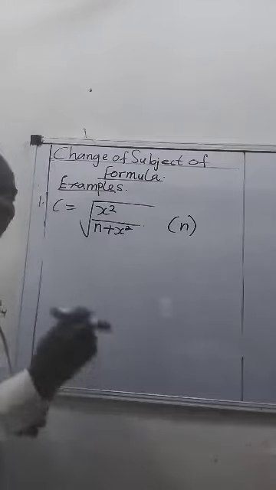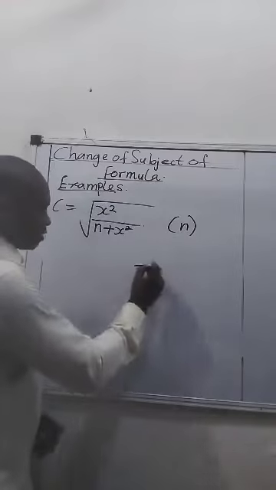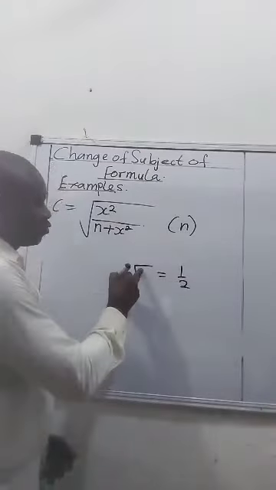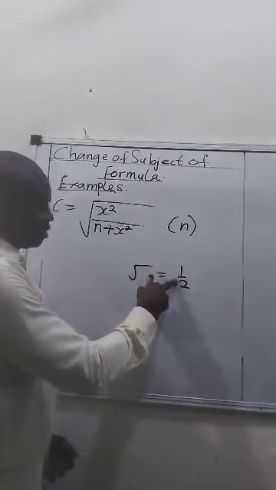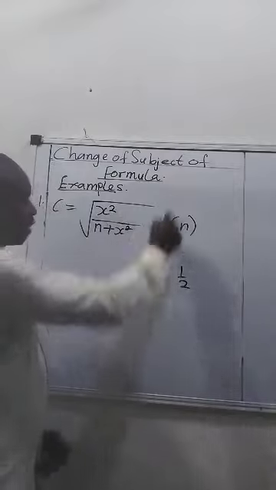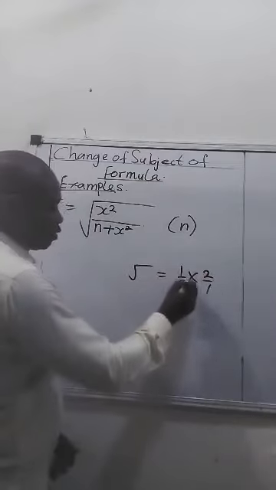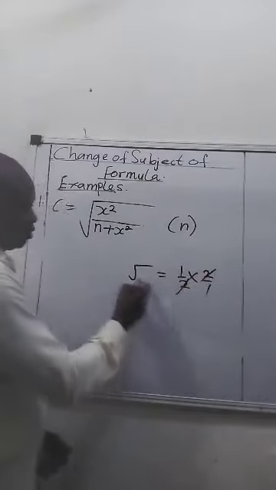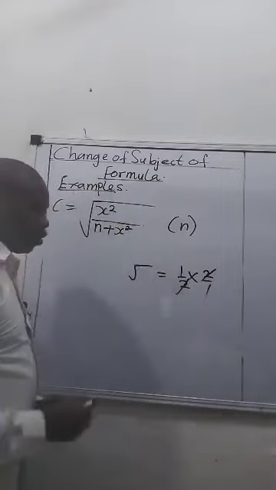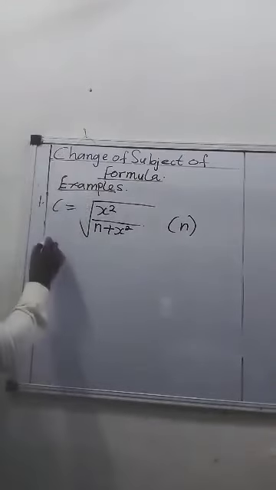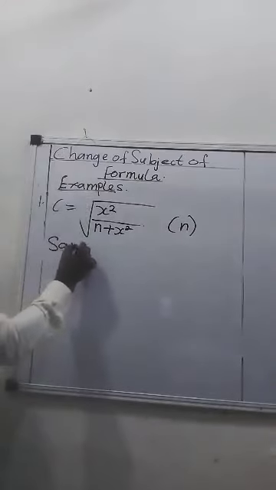Remember, in our last class, I told us that square root is the same as power 1 over 2. So if you have square root, changed to this, it can cancel the square. That means times 2 all over 1, so that this will cancel this. We now have this one gone. So square both sides.